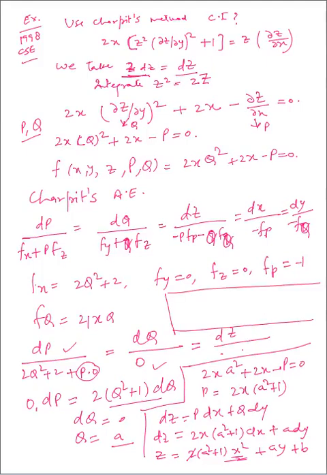Now we put values of capital P, capital Q and capital Z. So small z square by 2 is equal to (a square plus 1) into x square plus ay plus b.